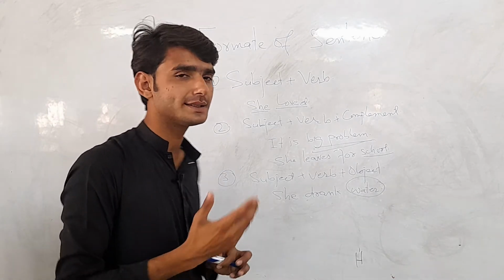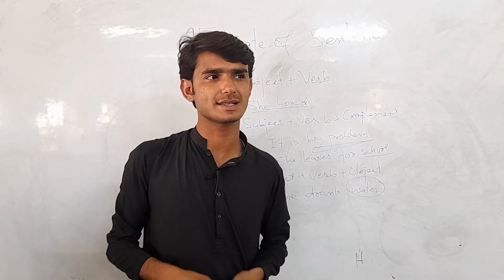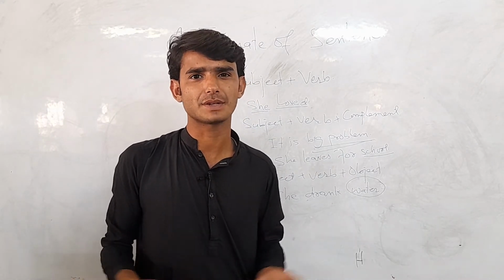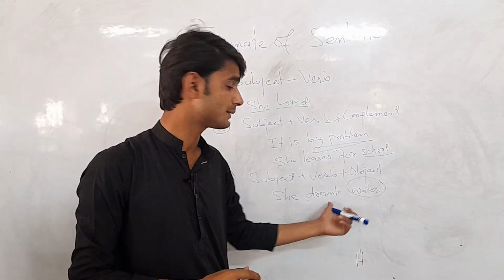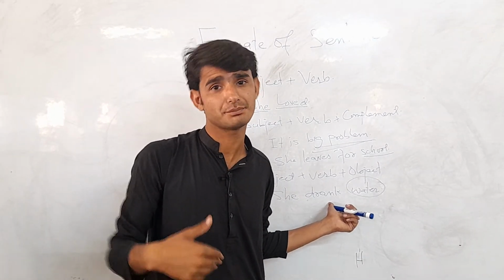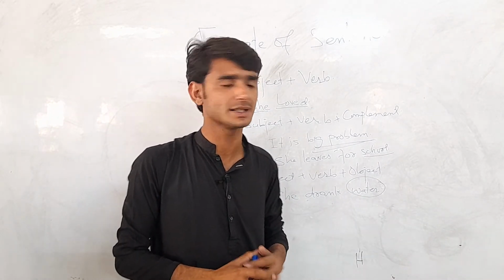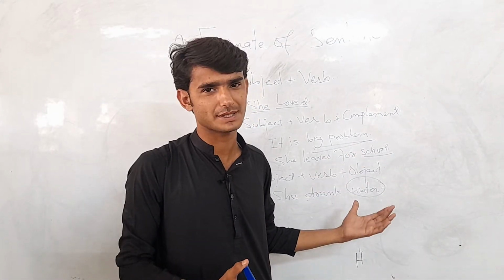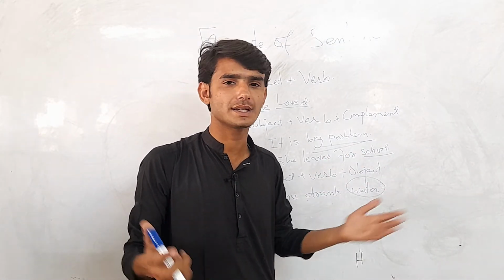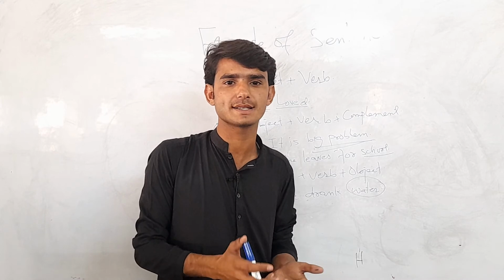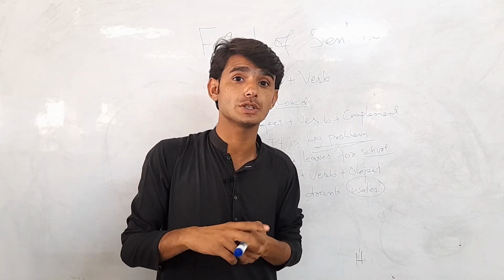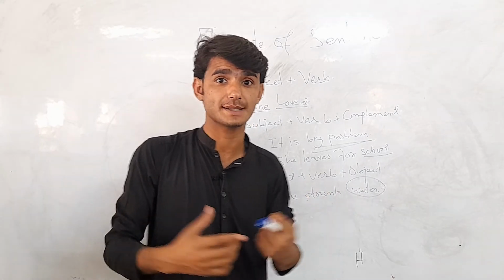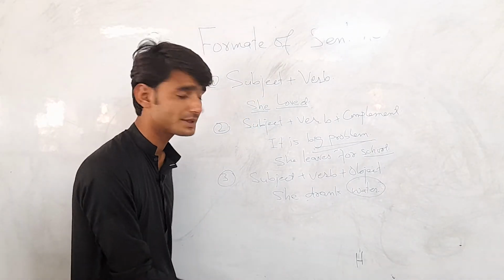Most traditional teachers and students learn from different books that the object is something to which the verb passes its action. So as you can understand, if it is convertible to the passive voice, we will say that it is the object. If it is not convertible to the passive voice, we won't say that it is the object. We can go for the passive of this one.